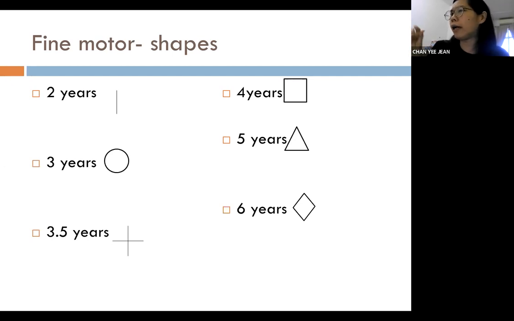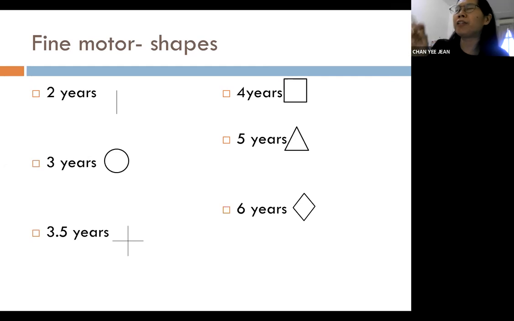Then only I tag on the years to the pictures. So if the child is able to draw a circle, I already know that the child should be able to draw straight lines. So when I assess, I don't need to ask him to draw a straight line anymore. I just go straight up and ask him to draw a cross and then a square.